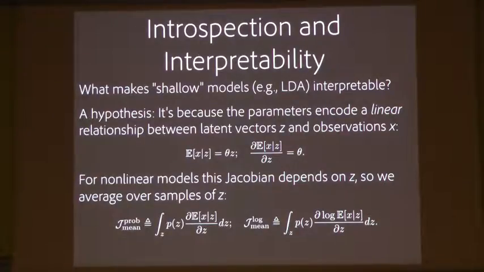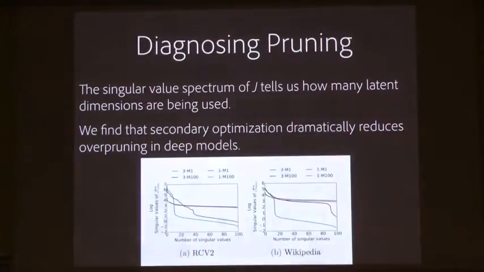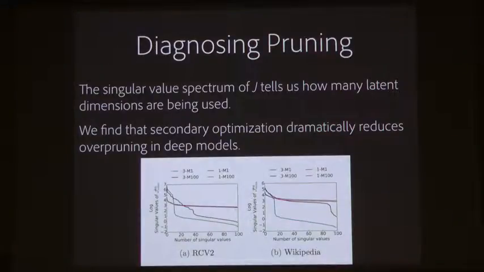So one thing that Jacobian matrix gives us is a tool for diagnosing the learning process. We can compute the singular value spectrum of that Jacobian matrix. One thing that can tell us is how many latent dimensions are being used.